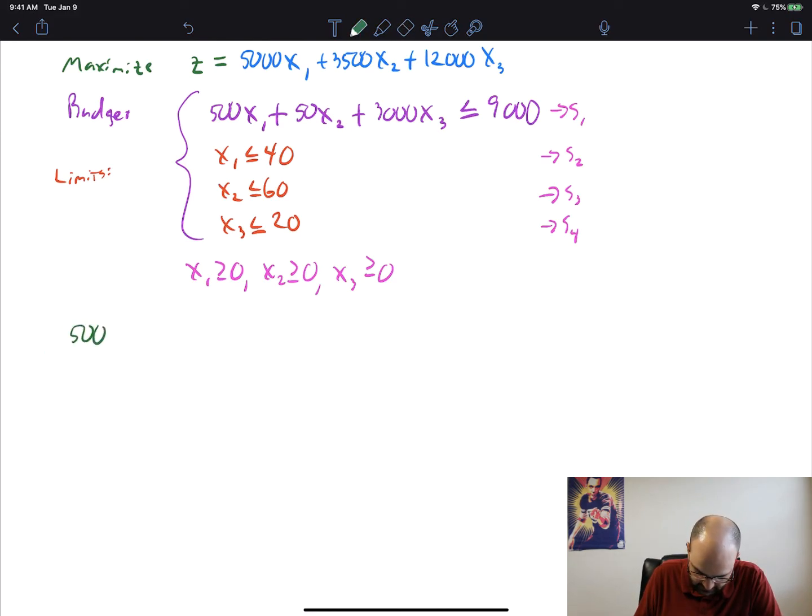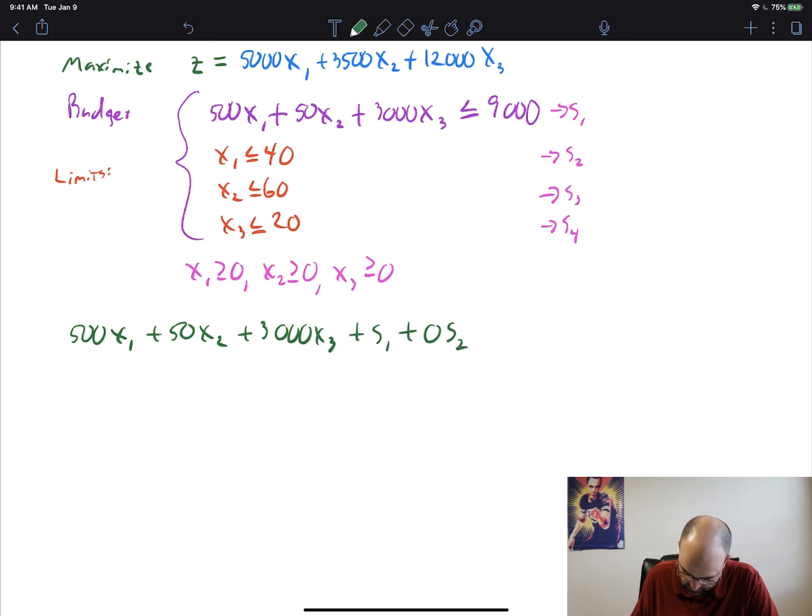We have 500x1 plus 50x2 plus 3000x3 plus S1 plus 0S2 plus 0S3 plus 0S4 plus 0Z is equal to 9,000. Good.